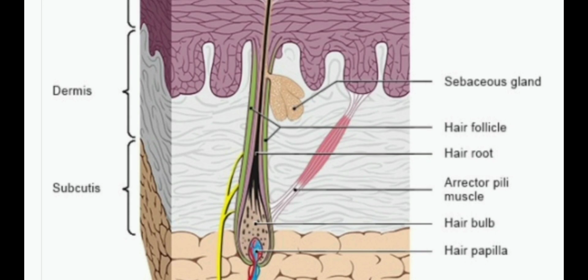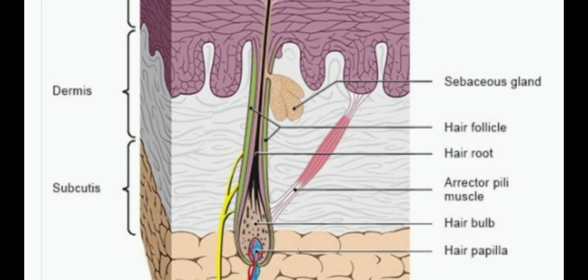Sebaceous glands contribute the vast majority of skin surface lipids via sebum production. This helps to seal moisture and prevent desiccation of skin and maintains the hair shaft.